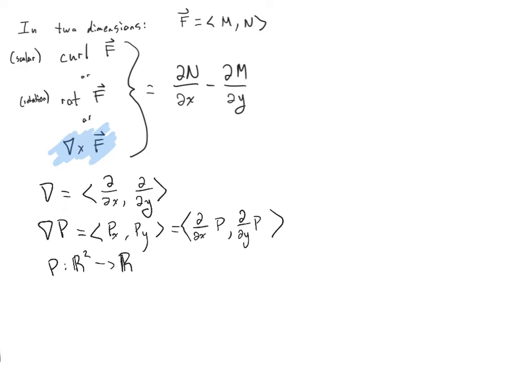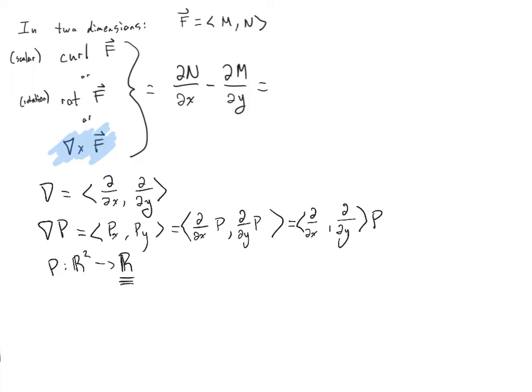And so you should think this gradient of p is like scalar multiplication by p on the right, even though p is a function that takes values in scalars. So you can distribute that scalar multiplication to get d dx, d dy times p, and that's why we wrote the gradient as nabla p when we defined it.